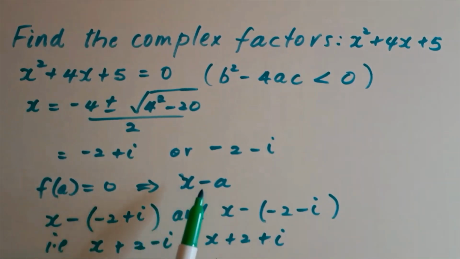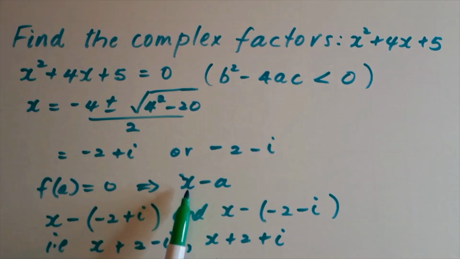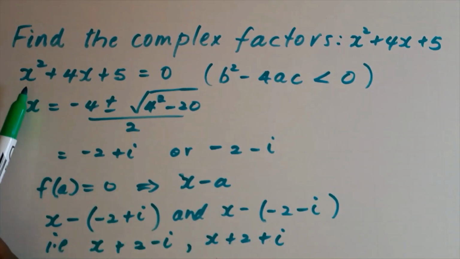And that implies that our factors would have this form x minus a. a in this case is minus 2 add i, and in the second case minus 2 minus i. So you have x minus a and x minus a to give us these two as the factors of this quadratic expression, x squared add 4x add 5.